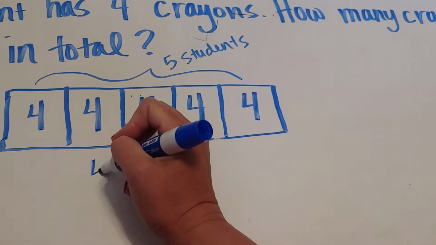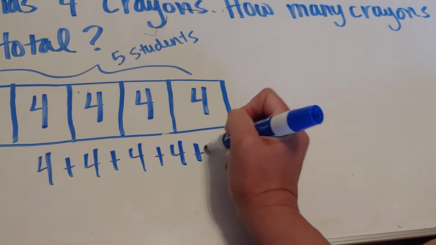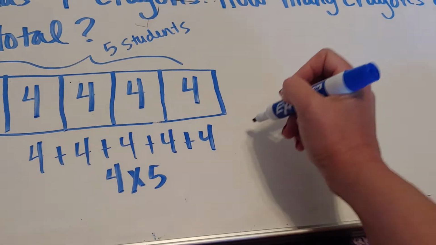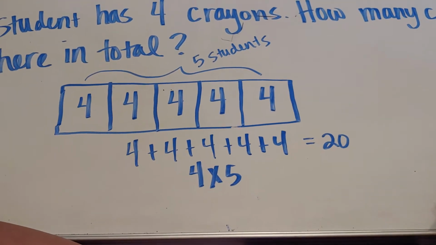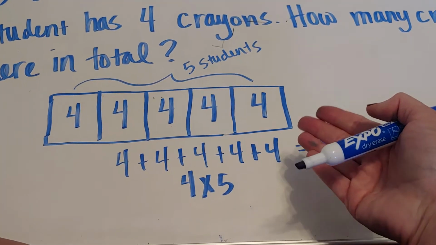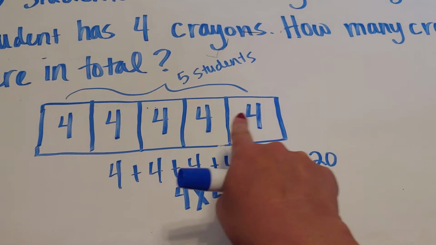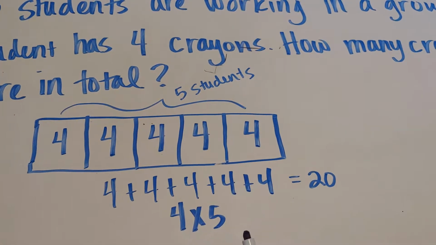Well, we are adding 4 5 times, and repeated addition is the same thing as multiplication. So we get the answer of 20. So that is an example of using a tape diagram. Each box represents the student, and the number inside represents what we're giving them, which are 4 crayons each.